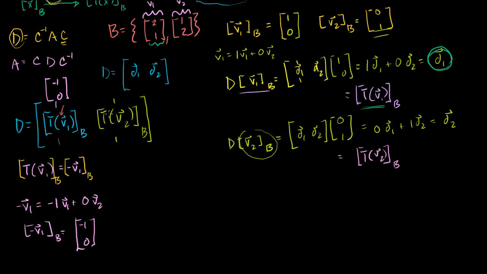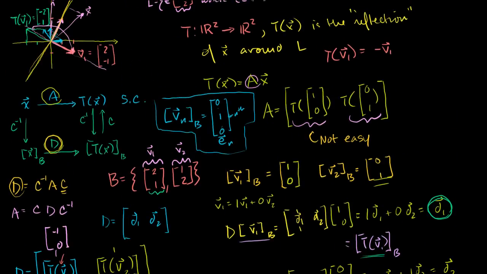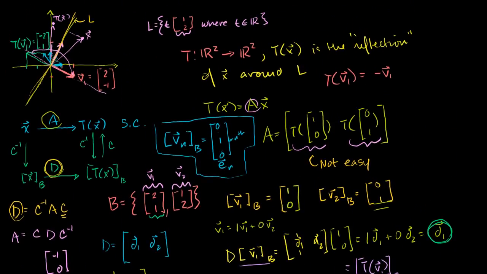Now what's the second column of D? It's the transformation of v2. v2 was the vector that spanned our line. This is v2 right here. So what happens to v2 when you transform it? Well, if you take the reflection of something that's on the line around that line, it's just going to be the same. Nothing's going to change. You can kind of imagine spinning that vector, but it's not going to change the vector at all, right?